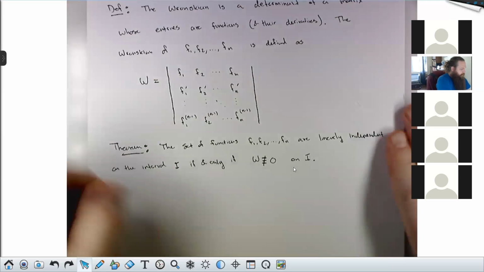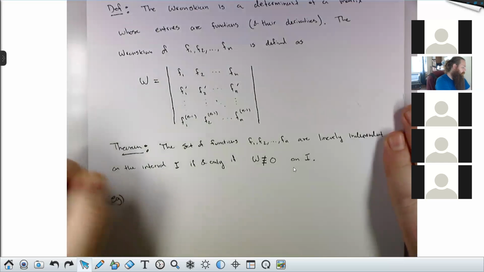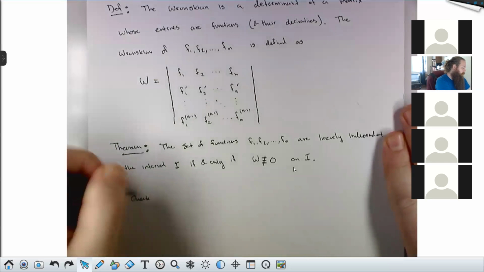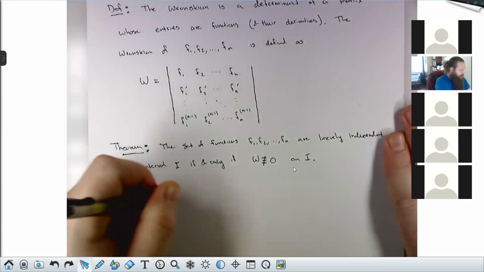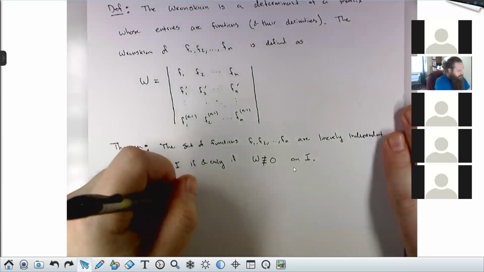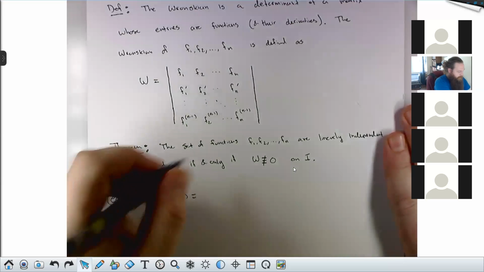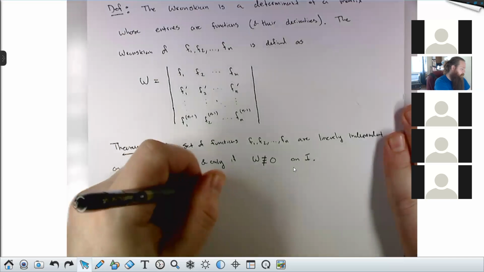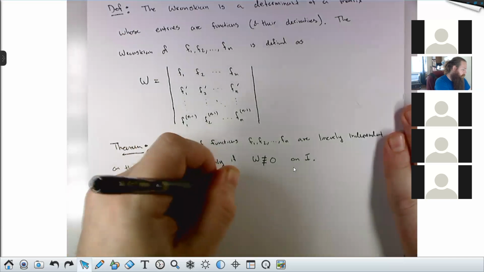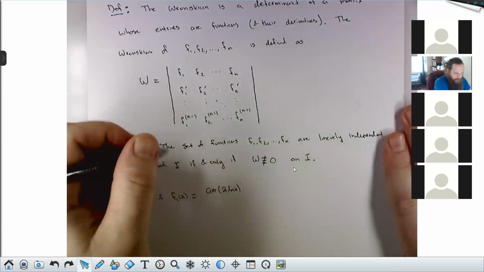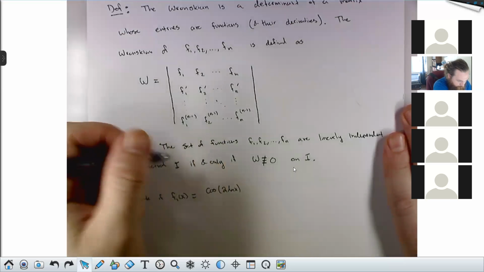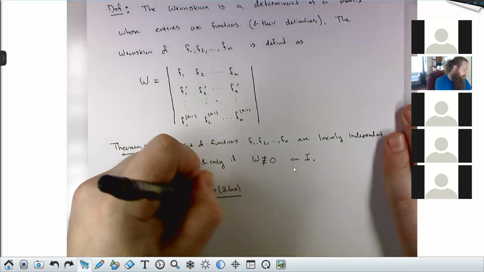So for example, check if f1, which is cosine of 2 ln x over x cubed, why not?